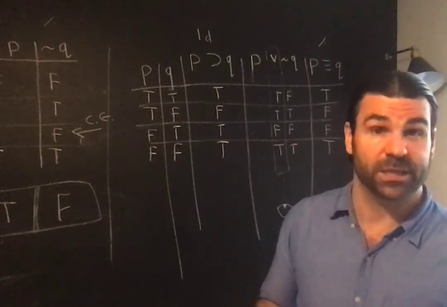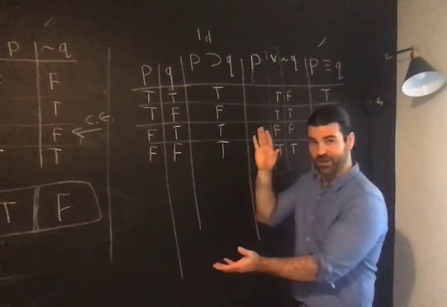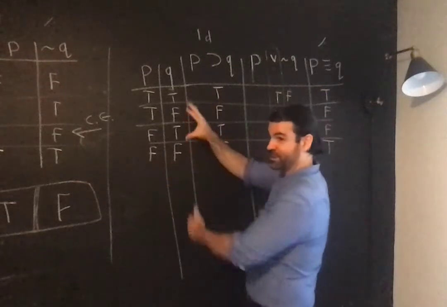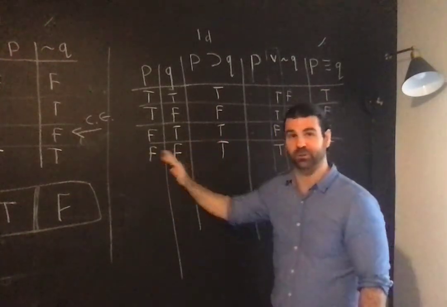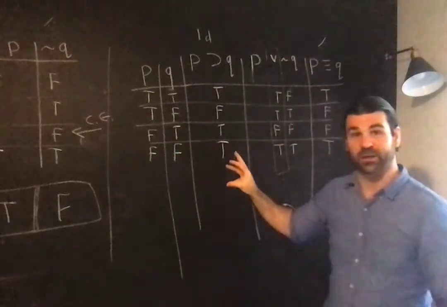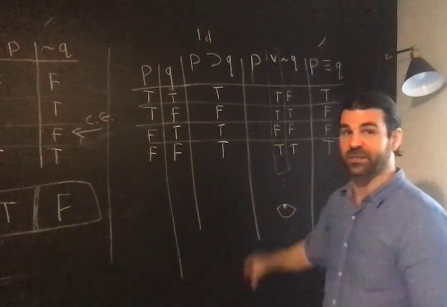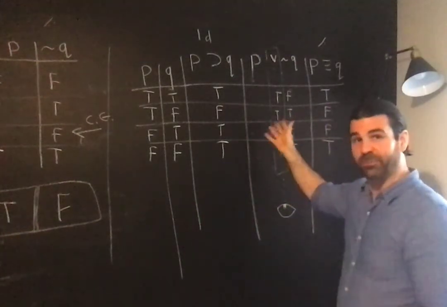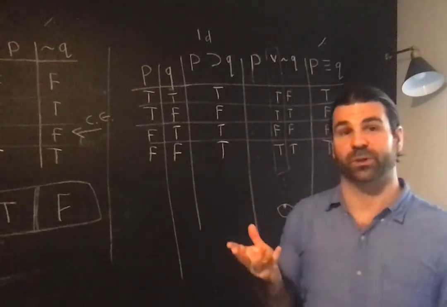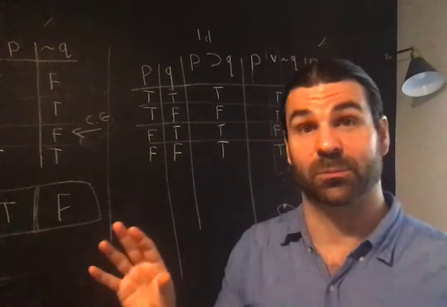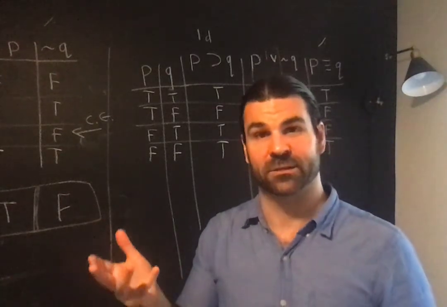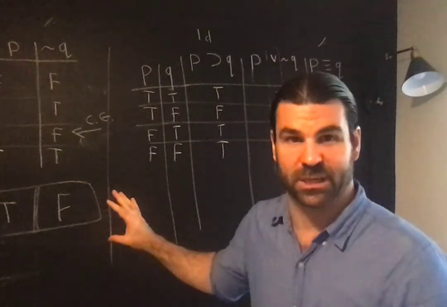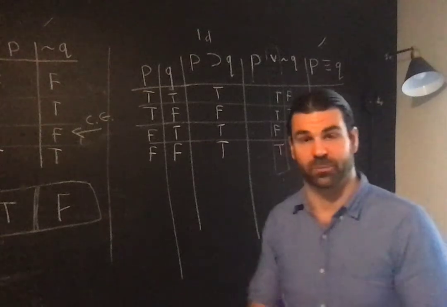Since there are no counterexamples in this truth table, and since the infinite number of possible substitution instances has, through truth functionality, been gathered into this exhaustive column of possible truth value combinations, when no counterexample appears here, the truth table for this argument form presents us with no counterexamples, therefore no counterexamples exist, therefore this argument form is in fact valid. All you have to say in the exam is there are no counterexamples, therefore the argument form is valid.